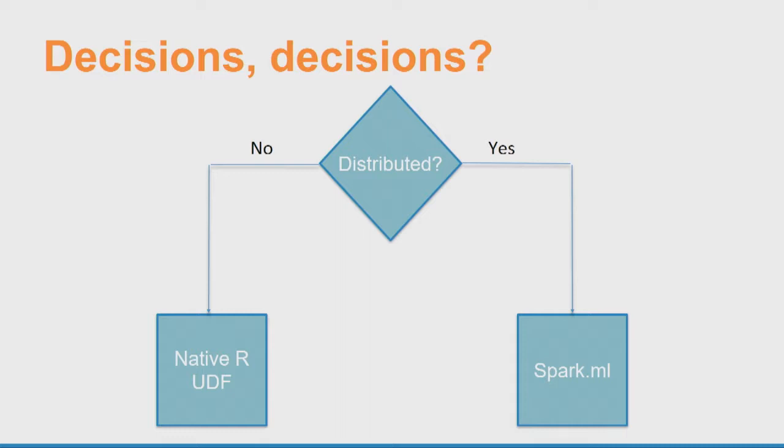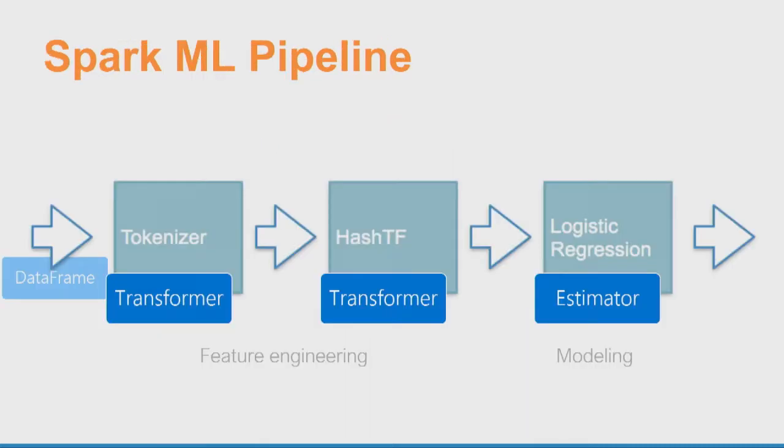We're going to go down the right-hand side for now. So, SparkR ML Pipeline. What is a Spark ML Pipeline? Essentially it is a way you can define a sequence of transformations and modeling all put together that takes your input data and in the end either gets a model back or leverages a model to deliver some insight.